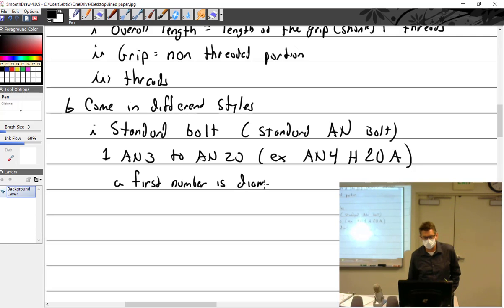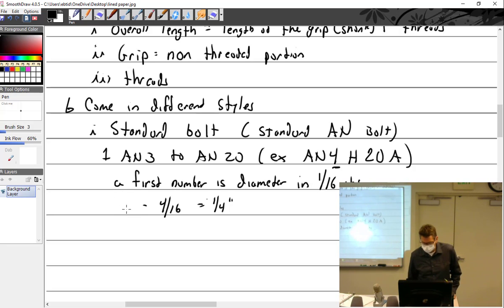Diameter. In what size increments? In 16ths. So the first number is in 16ths. That one happens to be 4/16, which is 1/4 inch. It's a 1/4 inch bolt. So an AN4 is a 1/4 inch bolt.